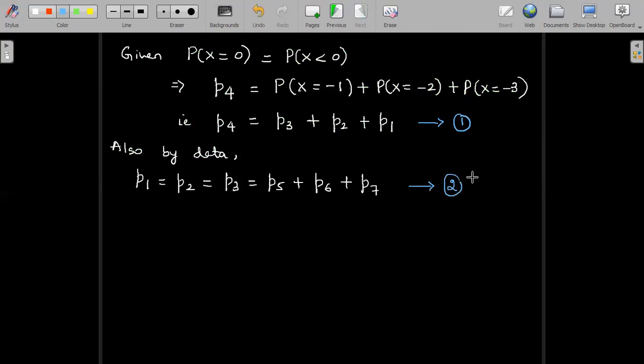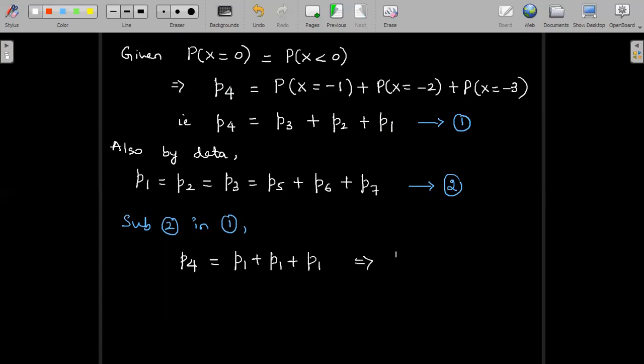Now I can substitute equation 2 in 1. P3 is in turn equal to P1, and P2 is also equal to P1. Everything with respect to one probability value only, we can substitute. So substituting 2 in 1, what do we get? P4 is equal to, P3 written as P1, P2 also written as P1, and I retain P1 as it is.